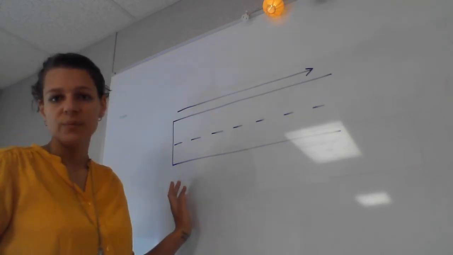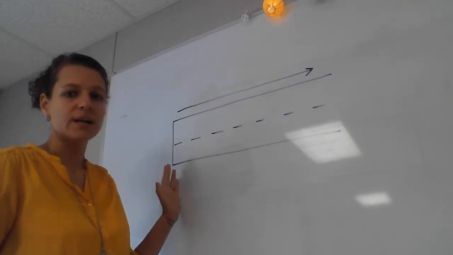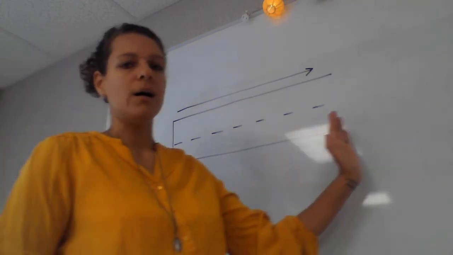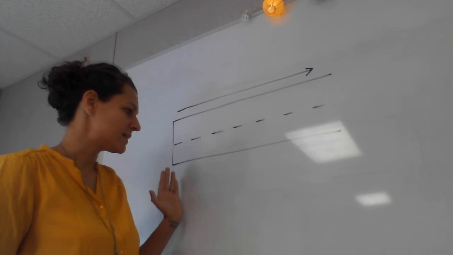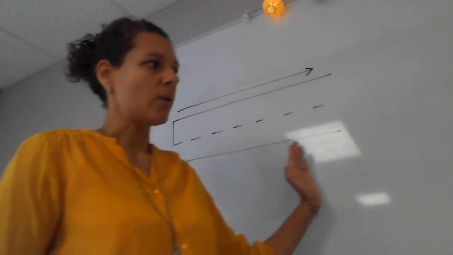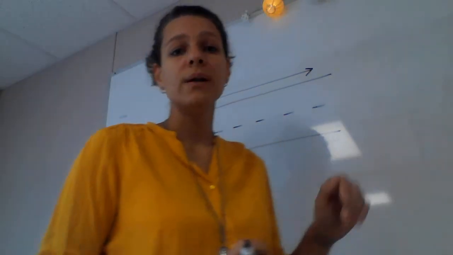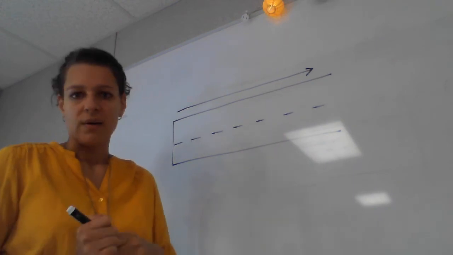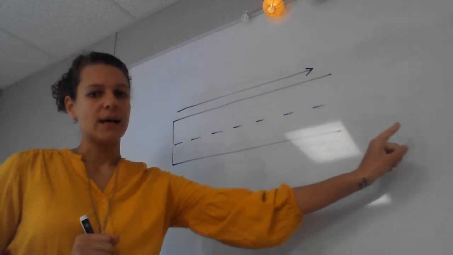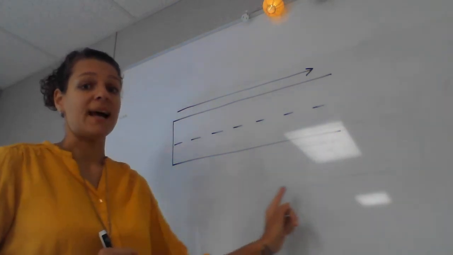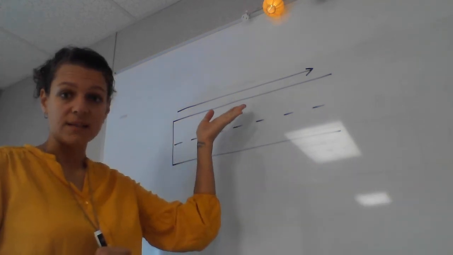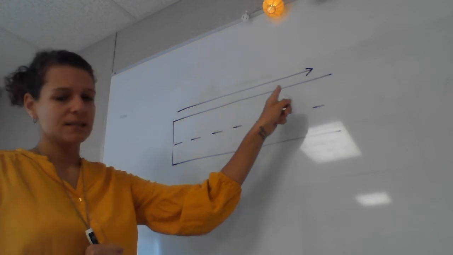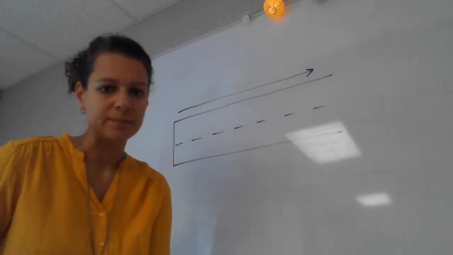So anytime we're reading or writing in English, we'll start near the margin and go all the way to the end, and then we'll come down to the next line, start near the margin, and go all the way to the end. It's like when you're reading a book, right? You always read in this way all the way until you get to the next line. So in English, we always read and write in this direction. So we call this the direction we read and write.